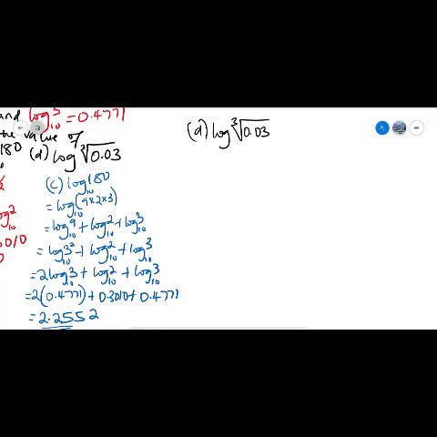Now you must understand that this is the same as log of 0.03 raised to the power of 1 over 3.